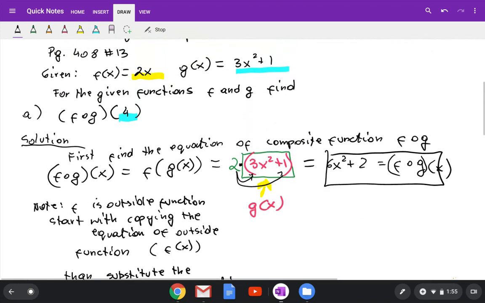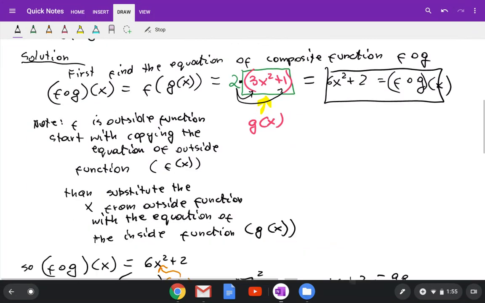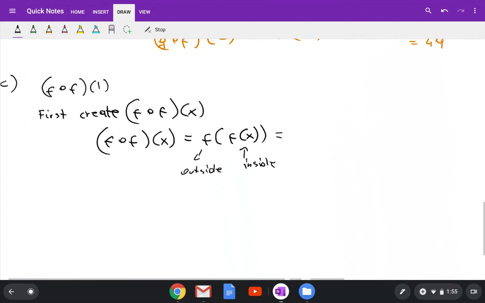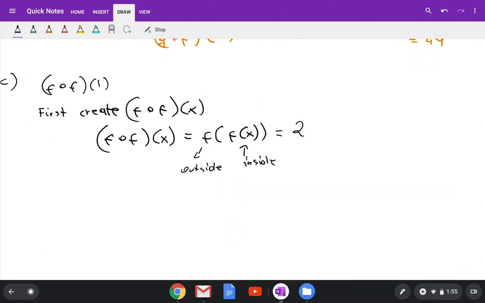The equation of function f is 2 times x. And where I used to have x, I replace that x with equation of function f of x, which is again 2x.